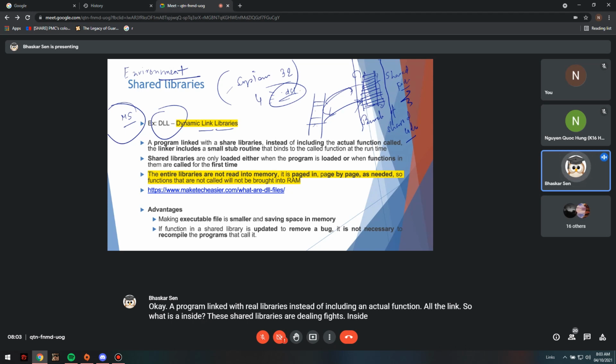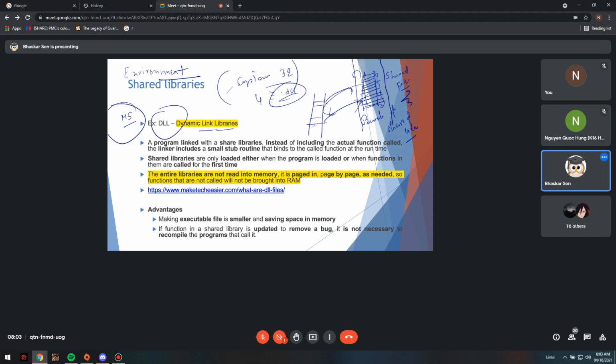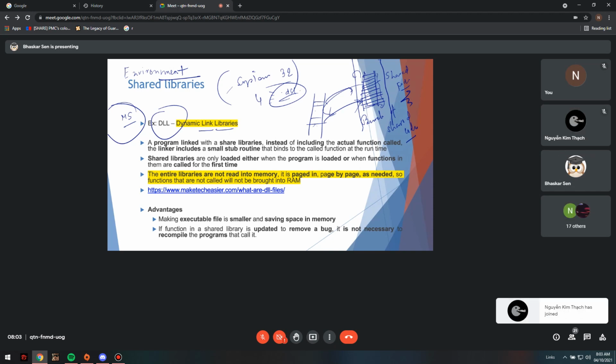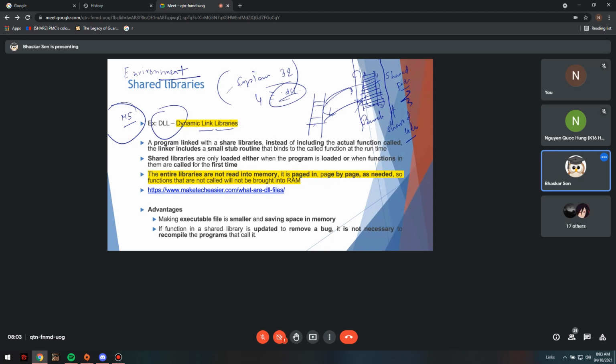Inside these DLL files, that is what we mean by dynamic linked libraries.